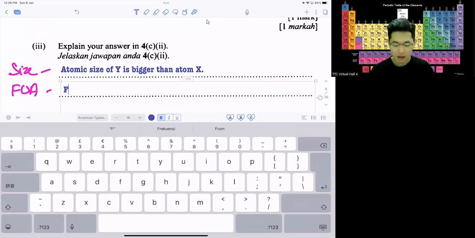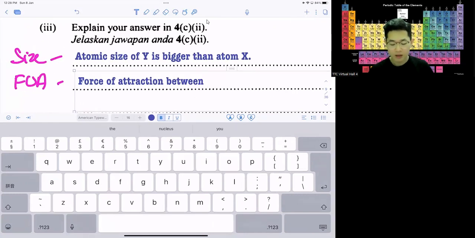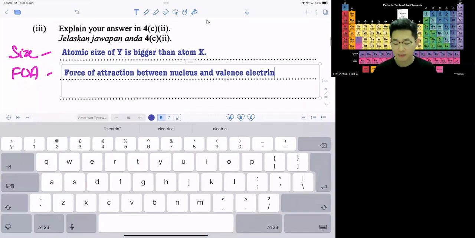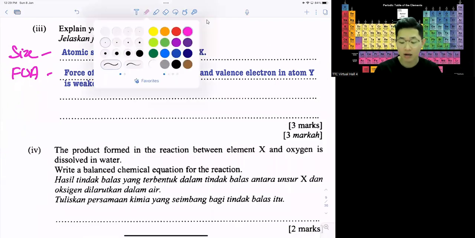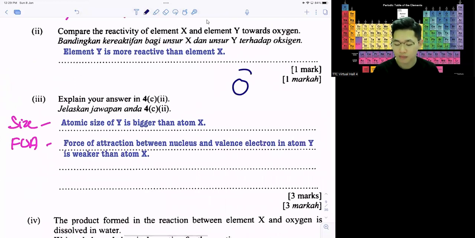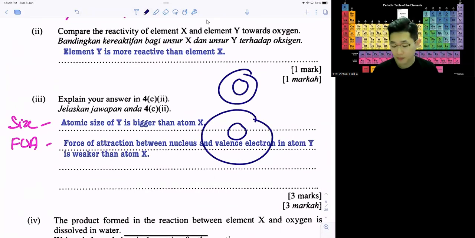Force of attraction between nucleus and valence electron in atom Y is weaker than atom X. Because 它的 size 比较大，它们的距离比较远. Let's say 我这样子画了，我画一圈咯. The nucleus and the valence electron become further away.